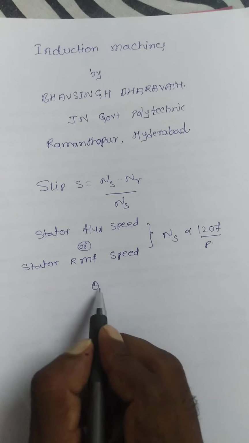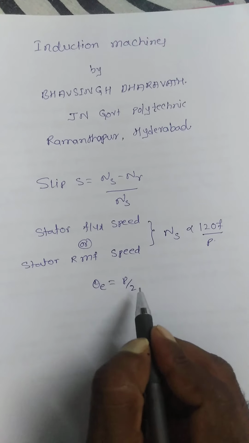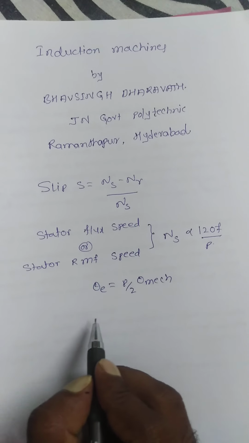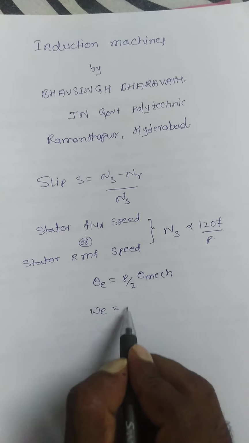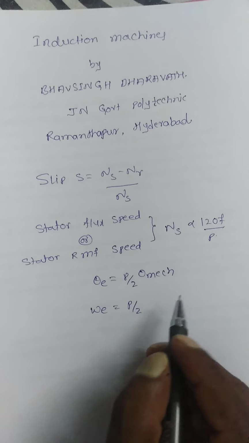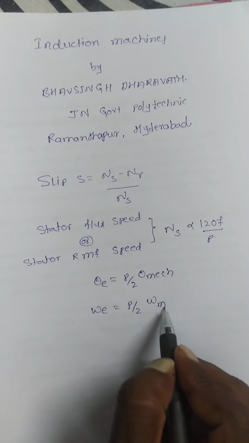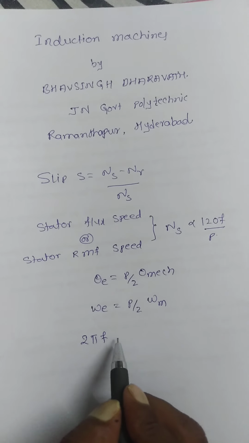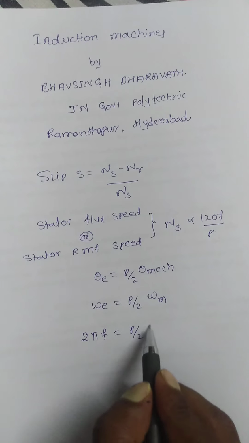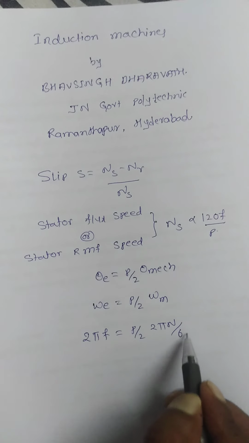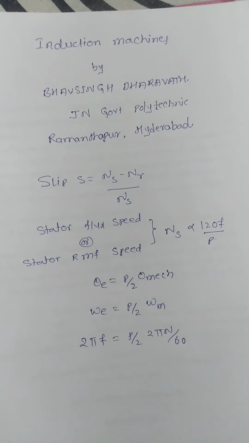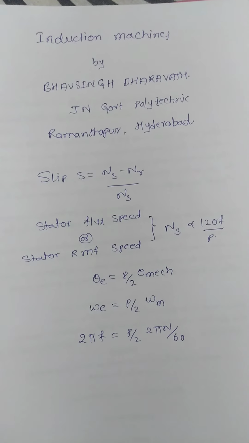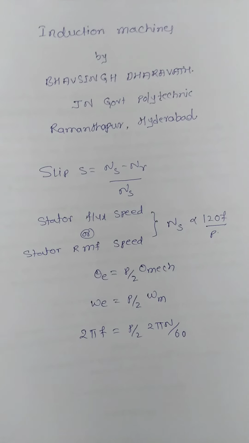This comes from theta electrical equal to p by 2 theta mechanical, and omega electrical equal to p by 2 omega mechanical. Omega electrical is 2 pi f, and omega mechanical is 2 pi n by 60.